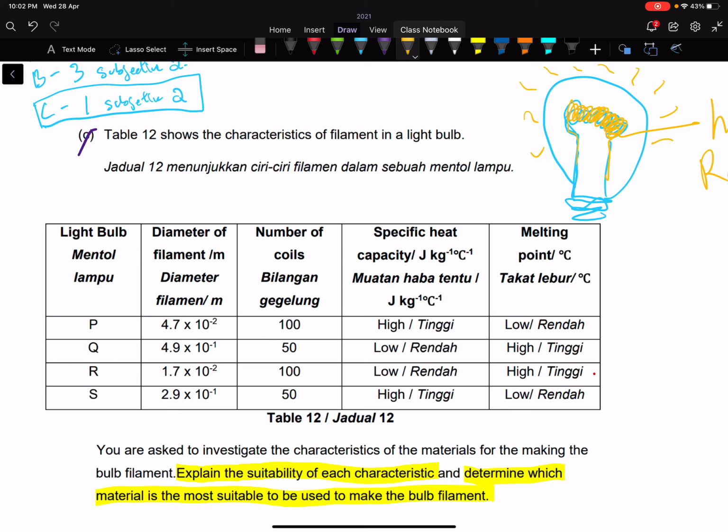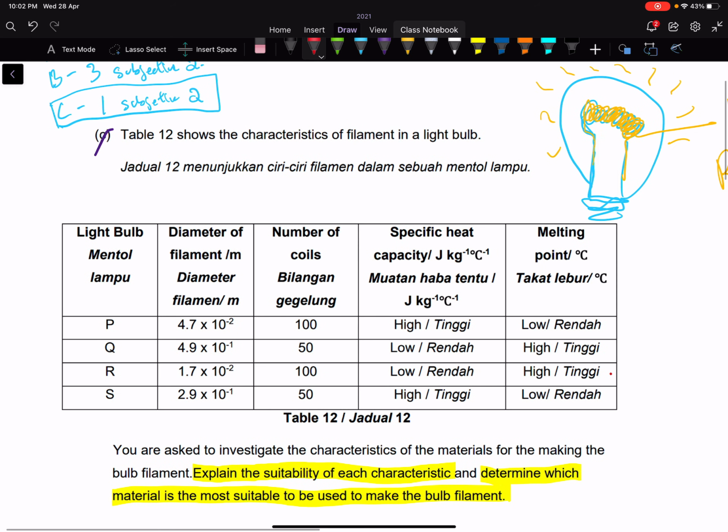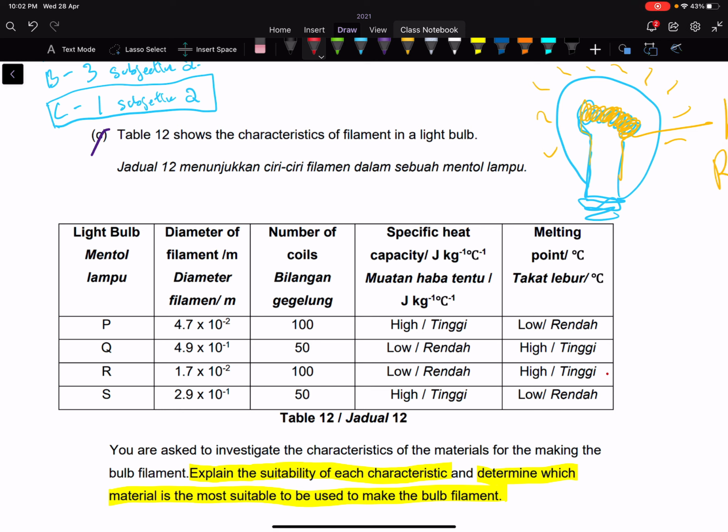Okay, so now let's go through each of these factors. So diameter of the filament. What you have learned is that the smaller the diameter, the larger the resistance. So obviously we're trying to find something that is small here. Comparing all these, because all of these numbers are different, we should just rank them.